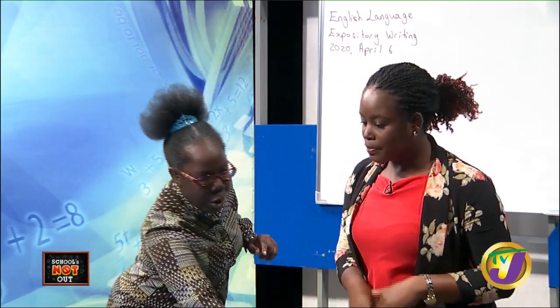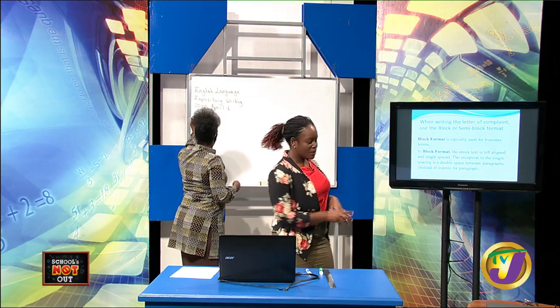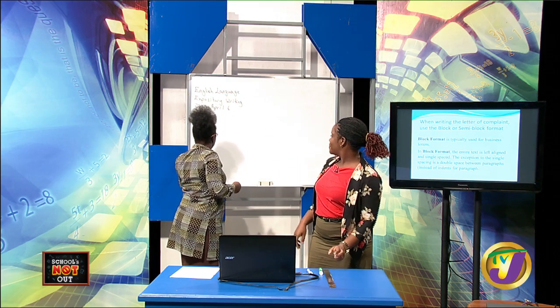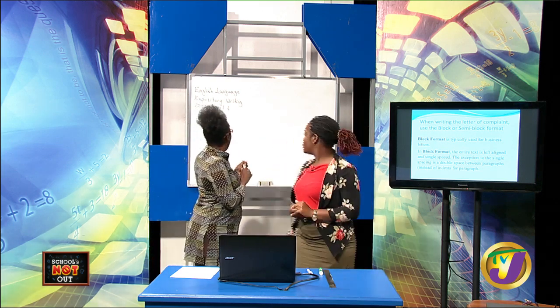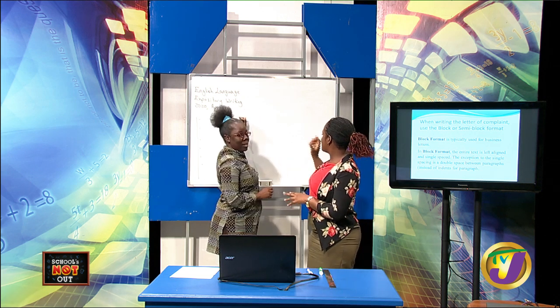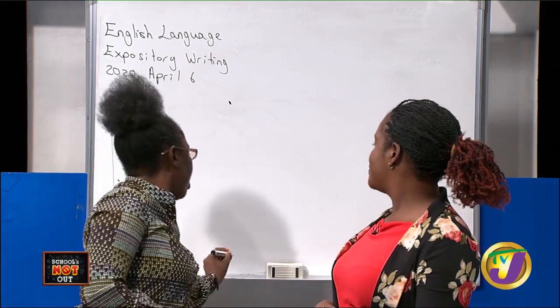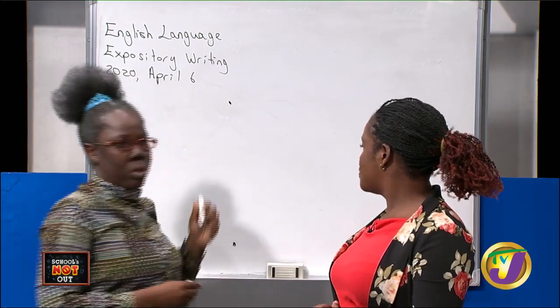And so the block format would be that format that you have everything coming down on your left, on the left side of the margin. That would be the block format. Semi-block would be, so you can have your personal address here, and then you do your complimentary close there.